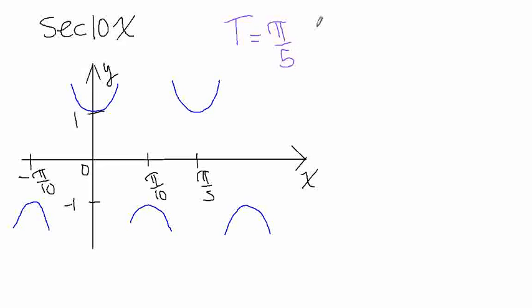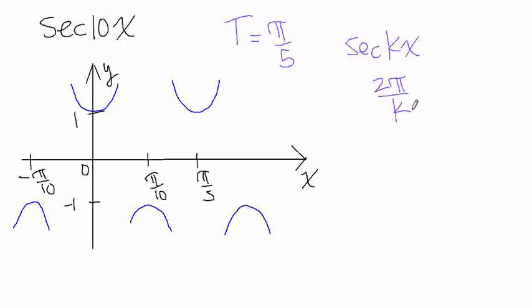Okay, now just like you may have noticed previously for the cosine graph, if you study lots of graphs with different coefficients in front of the x, like secant of 2x, secant of 3x, you'll notice this pattern that for the secant of kx, the period is 2 pi divided by k.